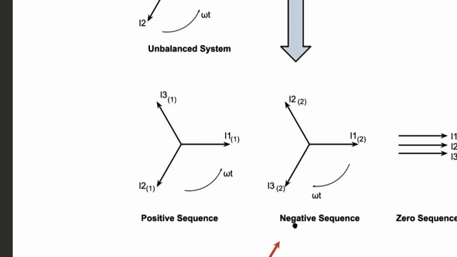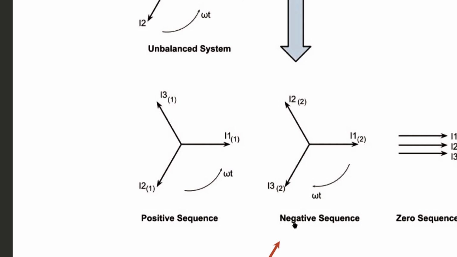It means that it is affecting with double frequency. If the normal frequency is 50 cycles per second, then this current will produce an induced current on the rotor with double frequency, 100 cycles per second. So the rotor will quickly overheat.